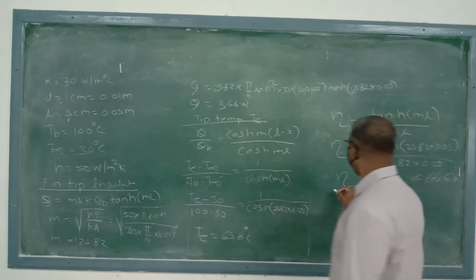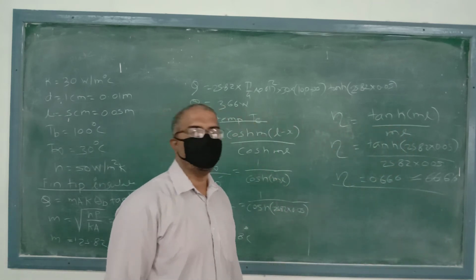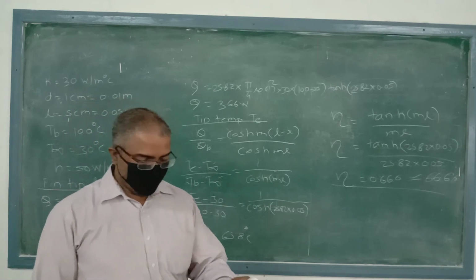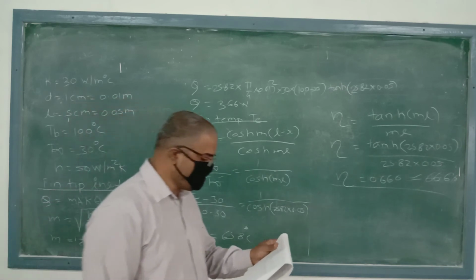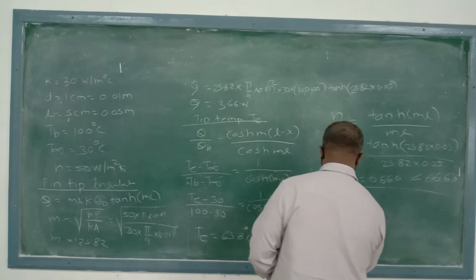So this is the efficiency of the fin, 66.6%. And last they are asking you to find the Q base.